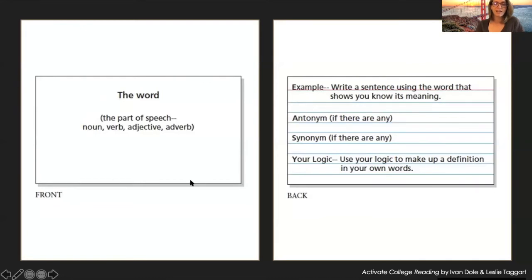And this is one side. On the other side, you can put an example, if there are any opposite words or antonyms, which you can find in a thesaurus or a dictionary sometimes, if there are any synonyms or similar words, and your logic is just using the word, either making up your own definition in your own words or putting it into a sentence.